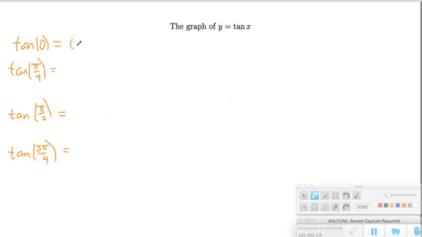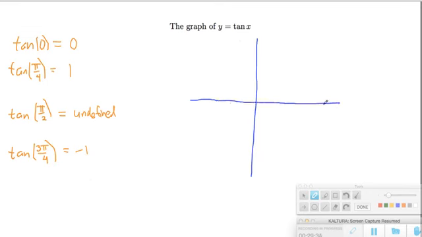We calculated this to be 0, this was 1, this was undefined, this turned out to be negative 1. So the points that we've looked at so far, we've got tangent of 0 equals 0.